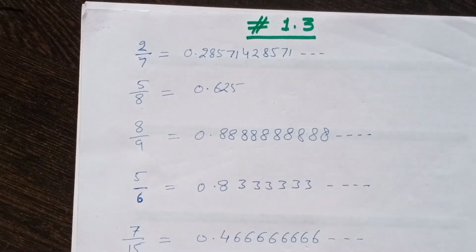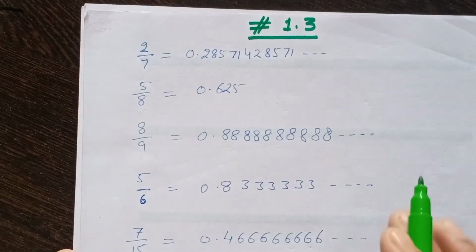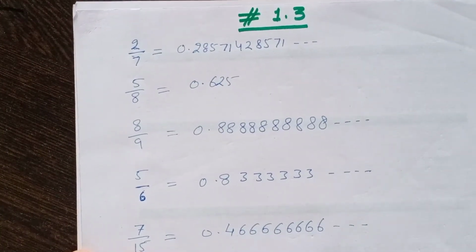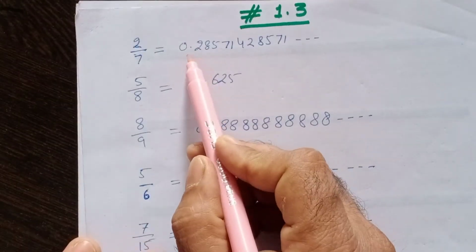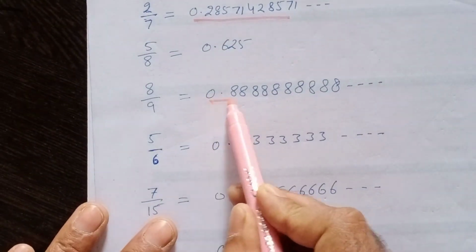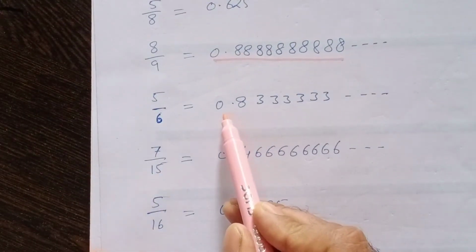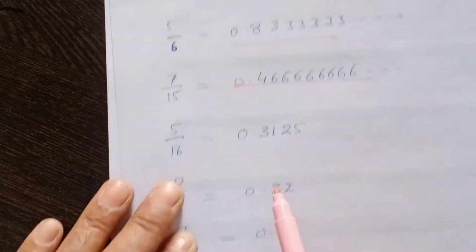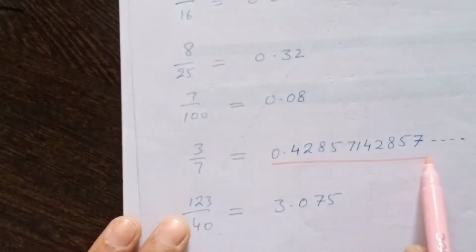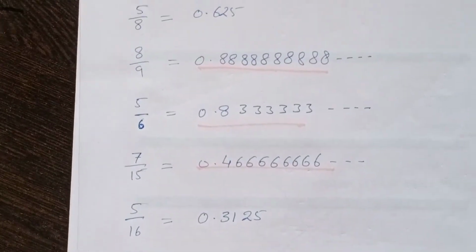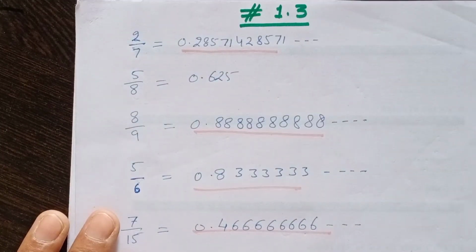So I'll underline all of them with the pink color, this one, this one, and this one. These are all non-terminating decimals.